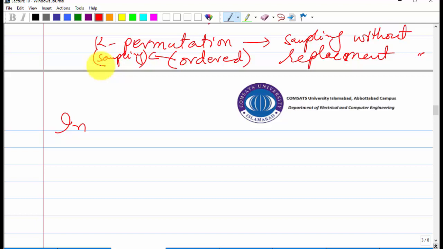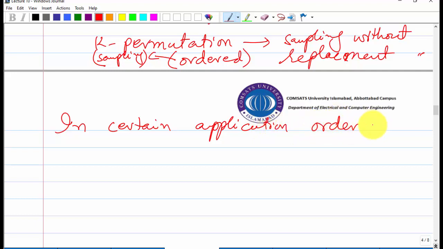But if we do not bother about this order and put them in our own orders, that is fine, because in certain applications order is not important.